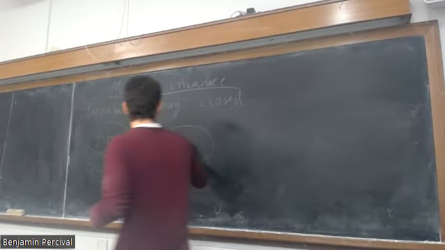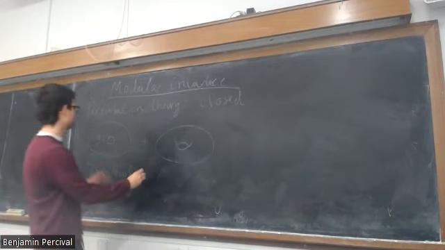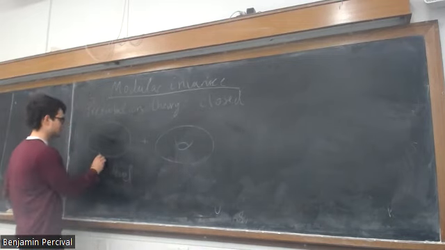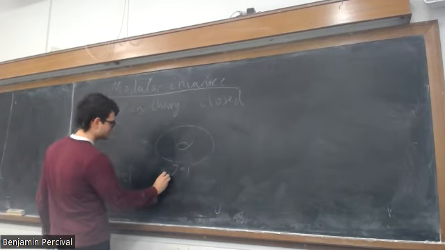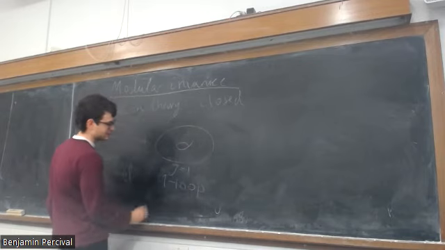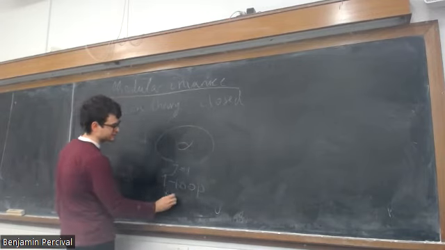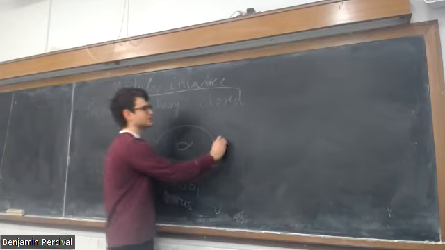So this would be, say, a genus 1. So G equals 0, G equals 1. This is the 1 loop. And a genus 1 surface is a torus. Okay. And then you can go to 2 loops.